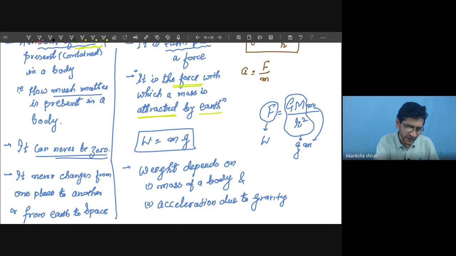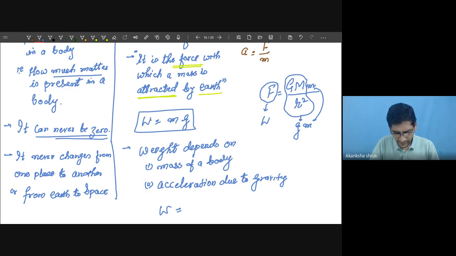So therefore, this weight W is written as mass m into acceleration due to gravity g. So mass of a body is denoted by m and acceleration due to gravity is denoted by g.